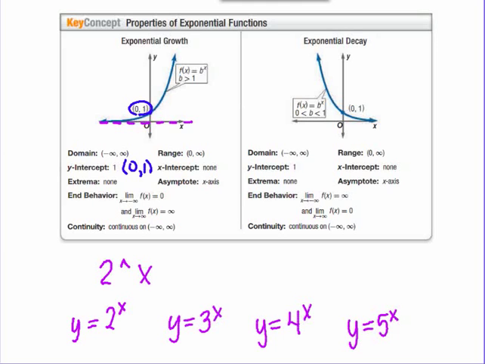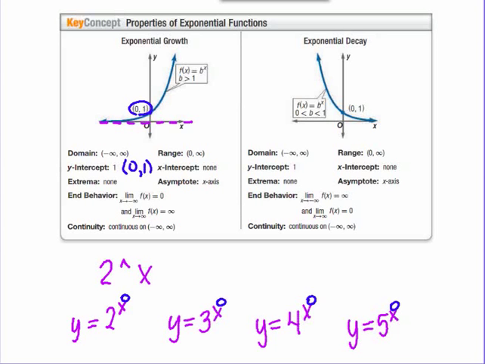What is the x-coordinate in this point? 0. So if the x-coordinate is 0, anything to the 0 power is always 1. So that's why your y-intercept will always be 1.